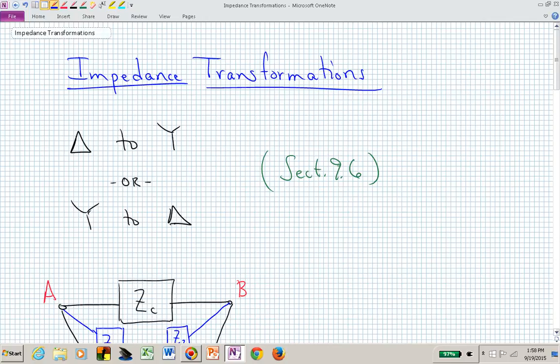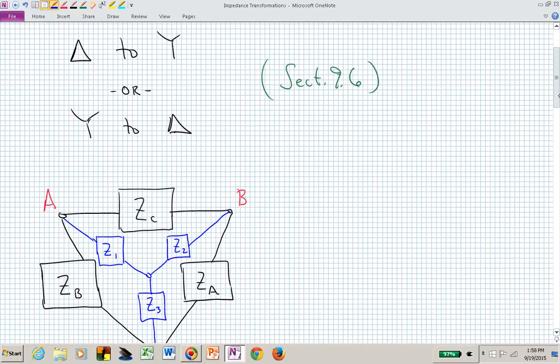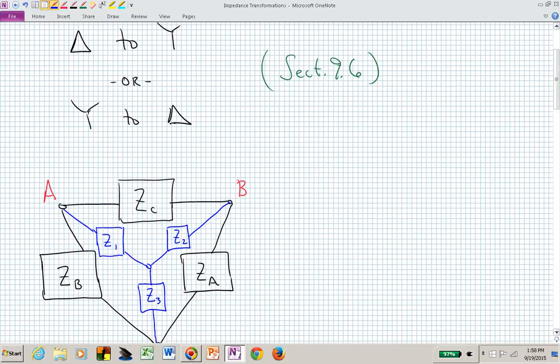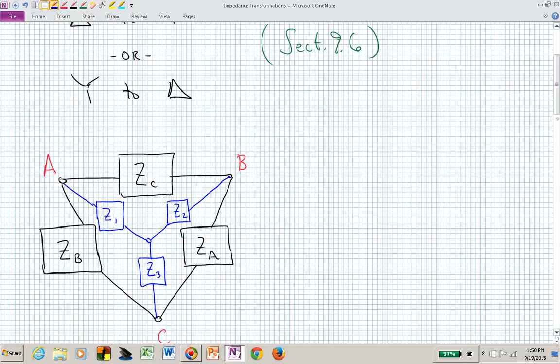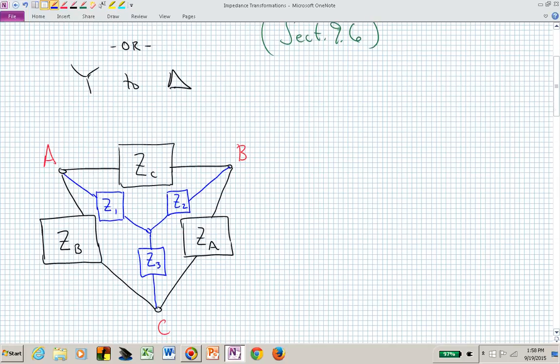We're wanting to learn how to transform different interconnected structures of impedances, whether those start as a delta interconnection, and then we want to go to the Y, which the diagram here is showing the deltas in black and the Ys in blue, or whether we start with three impedances that are configured in a Y structure interconnection, and we want to transform those into something that looks equivalent between these three terminals, A, B, and C, in the delta configuration.